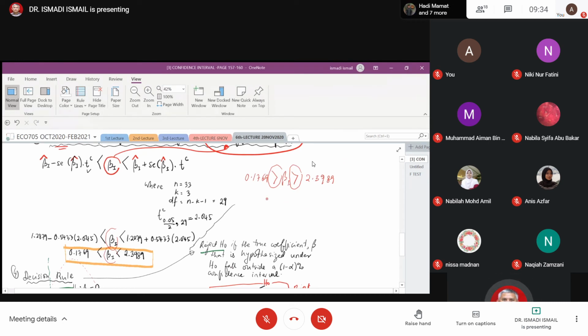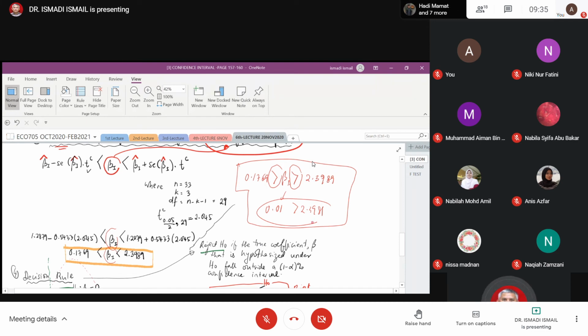If you think that 0.1769 is greater than beta I is less than 0.1769, let's say I choose the number 0.01, then beta I is greater than 2.3989. This cannot be accepted.